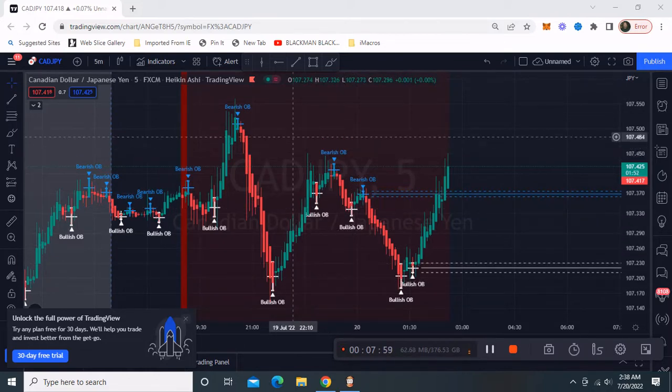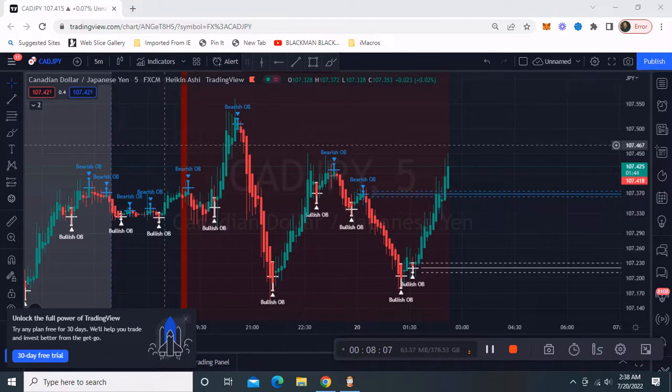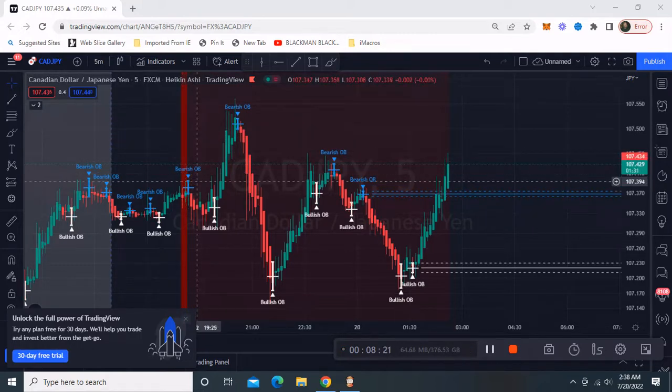I also use this with the strategy of supply and demand. Before I do the example, I also have an indicator that shows you the different time frames marked by these colored lines. Right now, this is the Tokyo session.